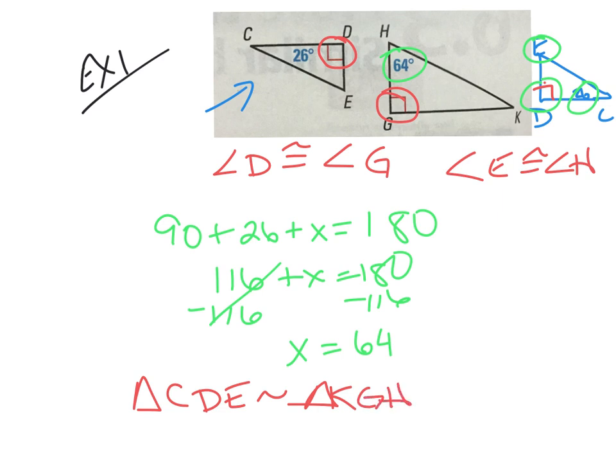And then it says to explain, so you would just say by the AA similarity postulate. Make sense? All right, let's do the next example.